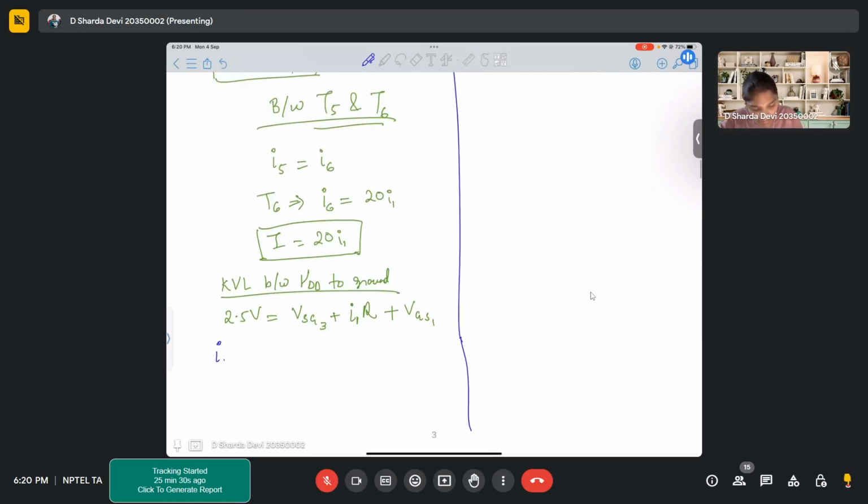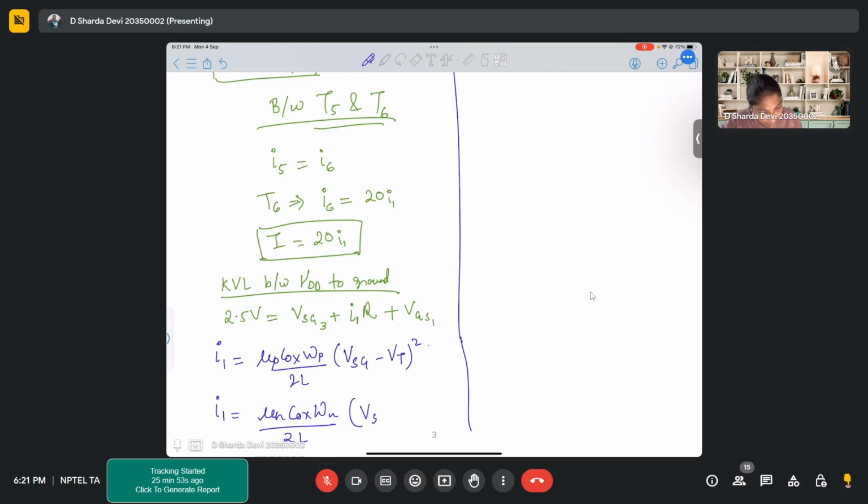So let's say I1 is mu p Cox Wp upon 2L, Vsg minus Vt whole square, and also I1 is mu n Cox Wn upon 2L, Vgs minus Vt whole square.